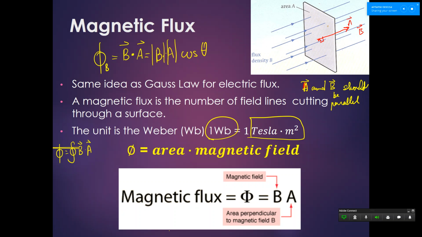If it's not uniform, then we can't do any of this fancy math. So what we can say is that it's B times the surface integral of dA, and the surface integral of dA is easy, that's just A.